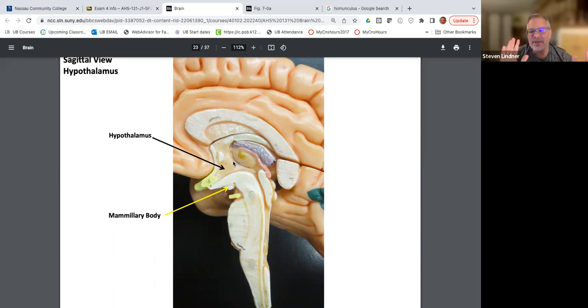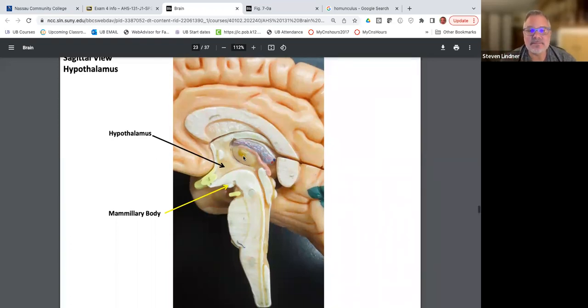The only exception is digestion, where the sympathetics don't speed up digestion, it actually slows it down. And when parasympathetics are engaged, it speeds up digestion. So the sympathetics are the accelerator, parasympathetics are the brake, except when it comes to digestion, it's the opposite.